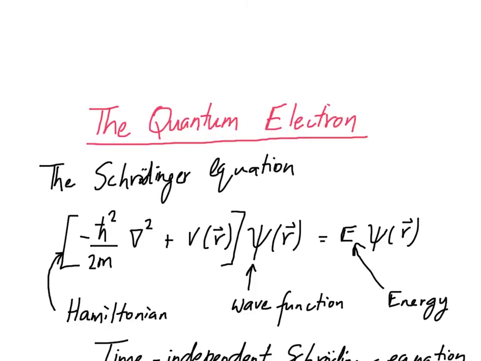Bear in mind, this k now is not our reciprocal space k. The k here is the spring constant, right? And x is of course the position. So 1/2 kx squared represents the potential energy corresponding to a spring, a harmonic oscillator.